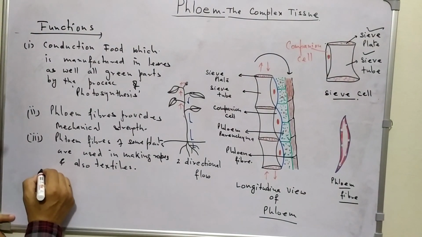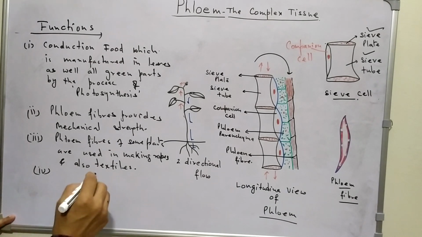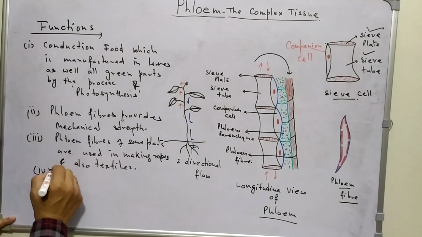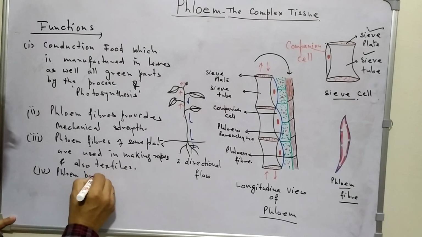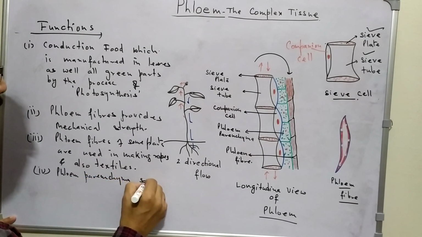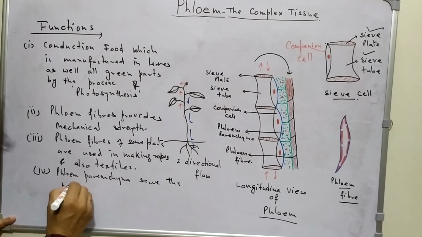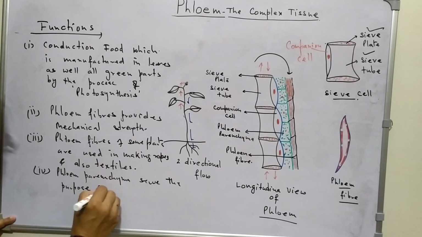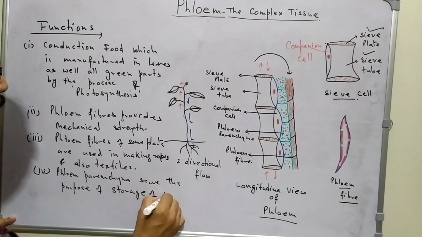Fourth one, phloem parenchyma serves the purpose of storage of food.